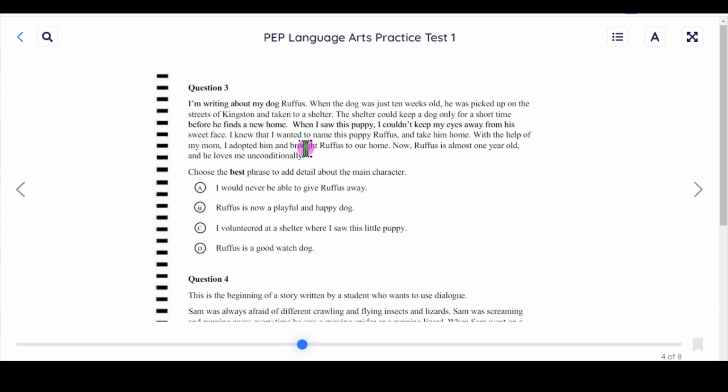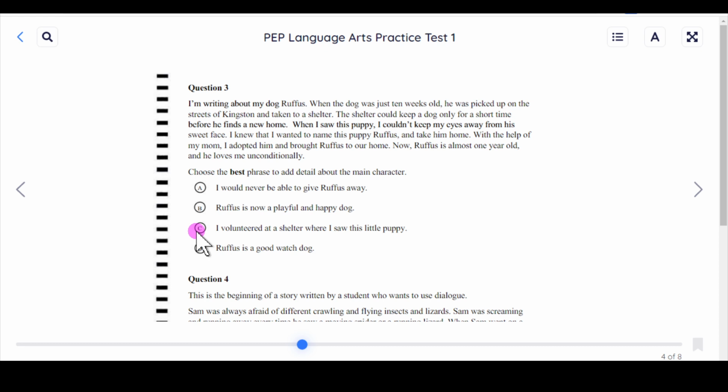I knew that I wanted to name this puppy Rufus and take him home. With the help of my mom, I adopted him and brought Rufus to our home. Now, Rufus is almost 1 year old and he loves me unconditionally. What do I need to do now? Choose the best phrase that adds more detail about the main character.